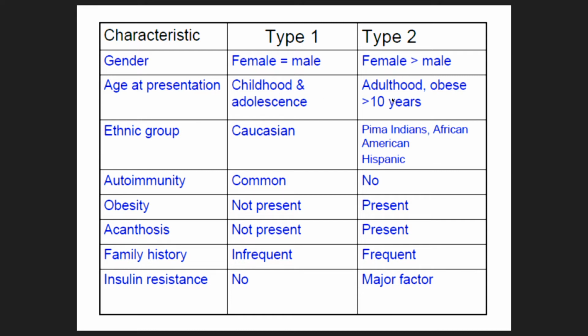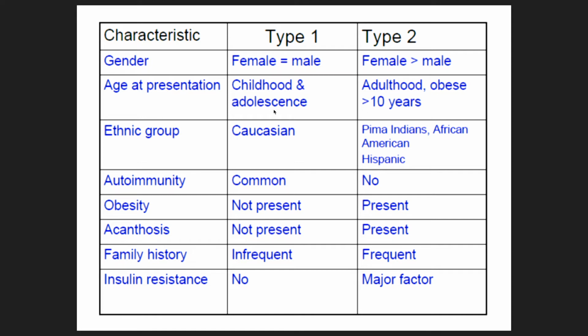Type 2 mainly happens in adults, but also we are seeing a lot of cases nowadays of type 2 diabetes in children because they are obese. So obesity is a hallmark of type 2 diabetes, and it not only could happen in adults, also could be seen in obese children and in adolescents.